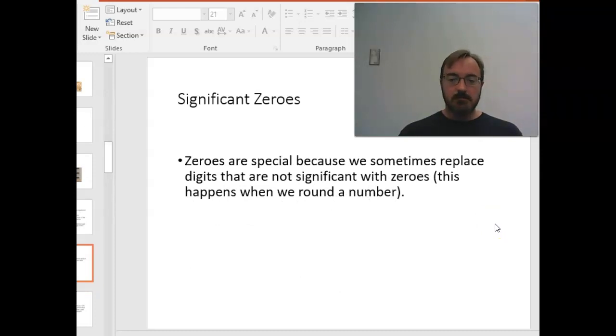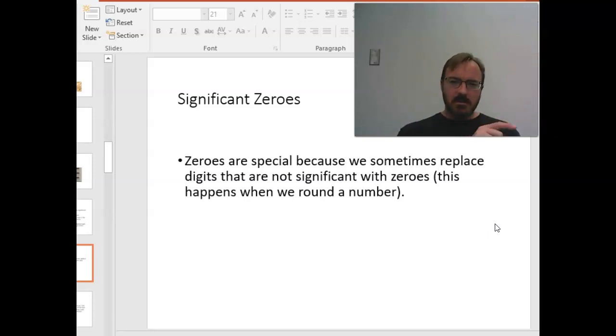So zeros are special. Skipping over the first one, non-zero numbers are always significant. But getting to zeros, zeros are special because sometimes we replace digits that are not significant with zeros, rounding. If I told you, hey, you see across that field, it's about 100 yards, what level of certainty do you think is in that?